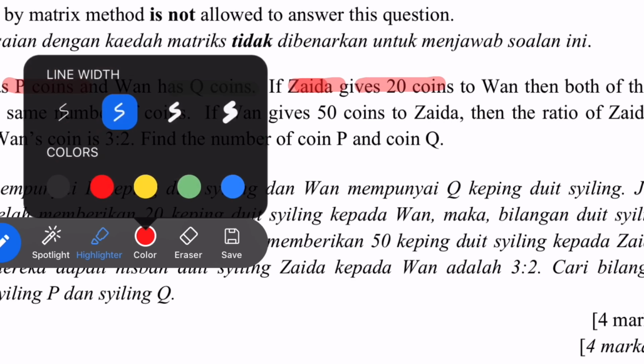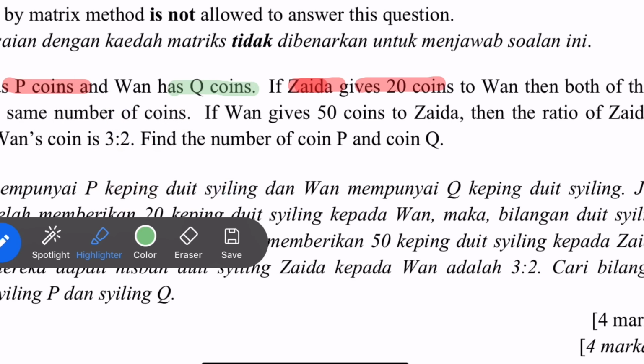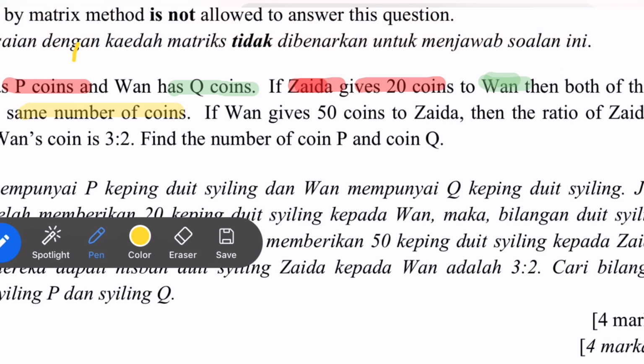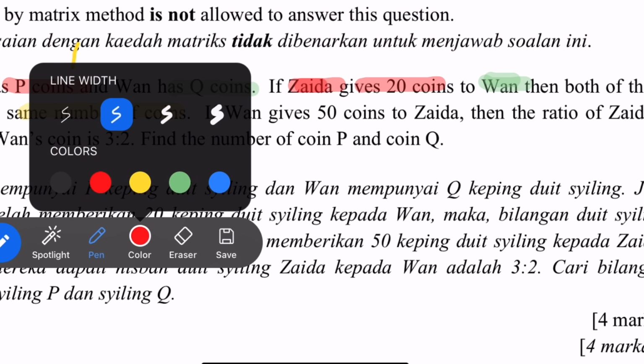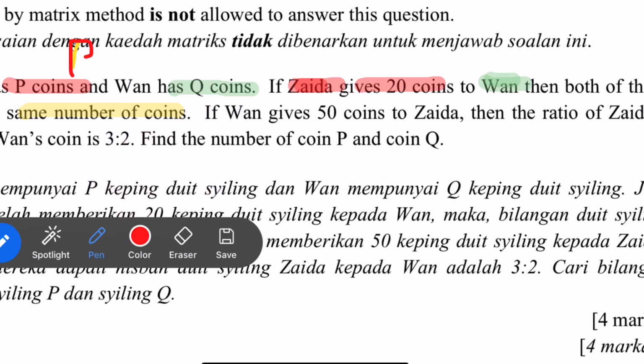When gives in mathematics is always minus. When Zaida gives, Wan will receive, so when receive, it will be plus. After Wan receives, both of them have the same coins, so the coins for both of them are equal.